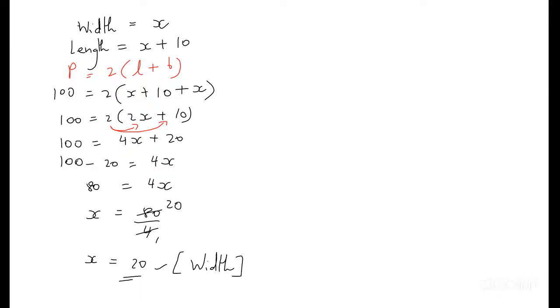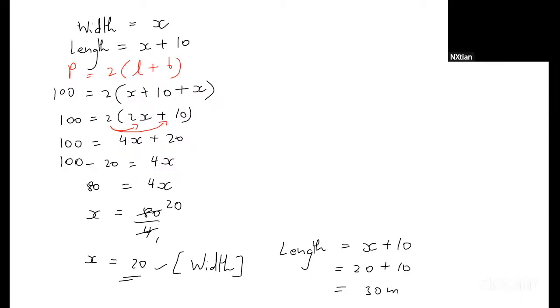So the length will be x plus 10, so 20 plus 10 is 30. Length will be 30 and width will be 20. Got it?